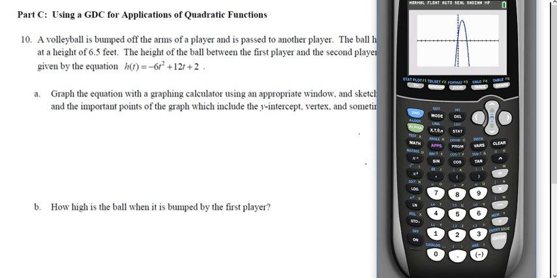Probably it's coming back down to them. Usually if it's still going up, you can't really do too much to it, because if you jump forward, it's still going up. So you're waiting until it's coming back down towards you. So about 2 seconds, actually a little bit over 2 seconds, it would have hit the ground if it hadn't hit that player. So we're going to go 0 to 2 and 0 to 10.